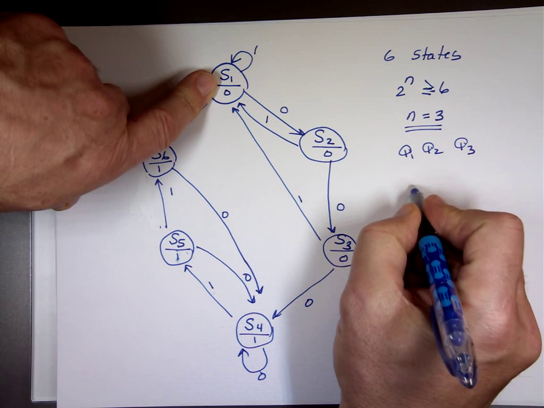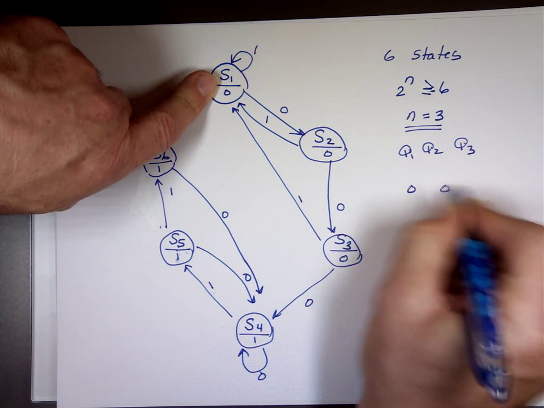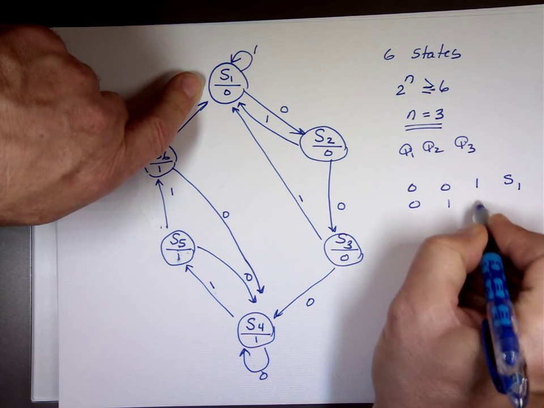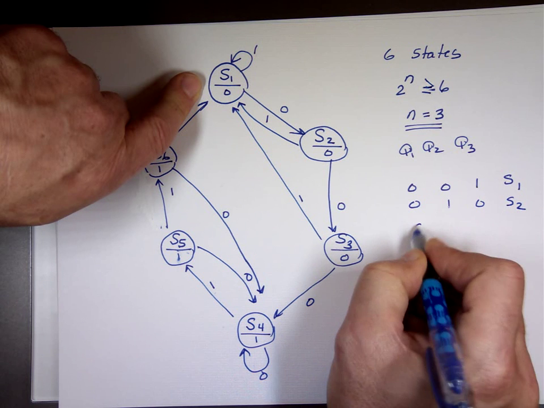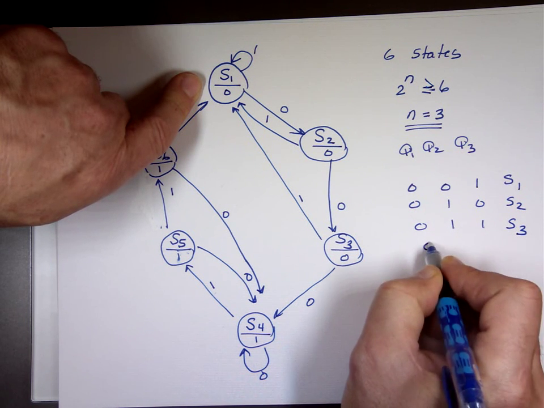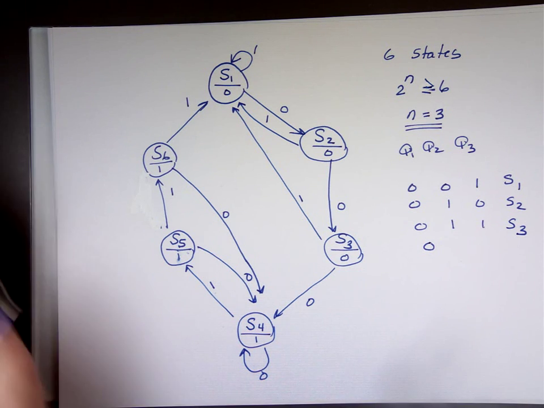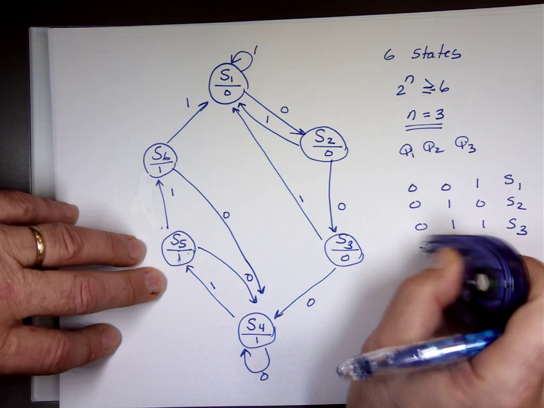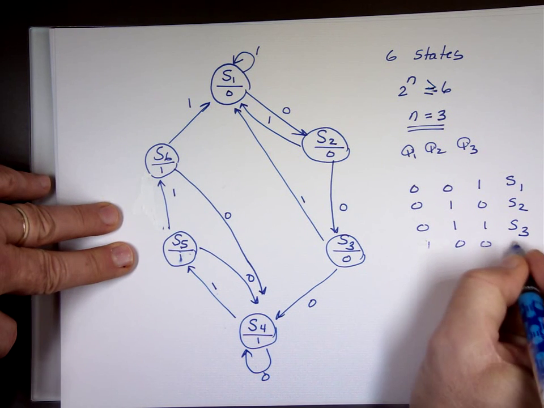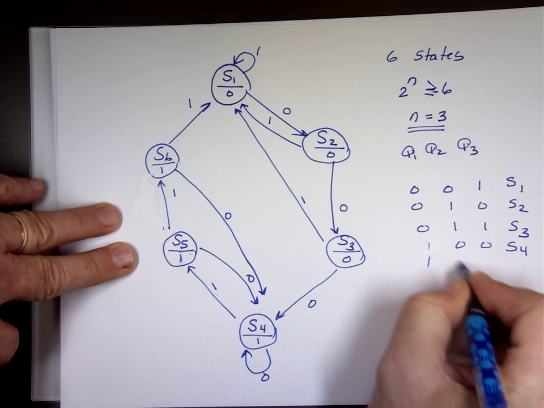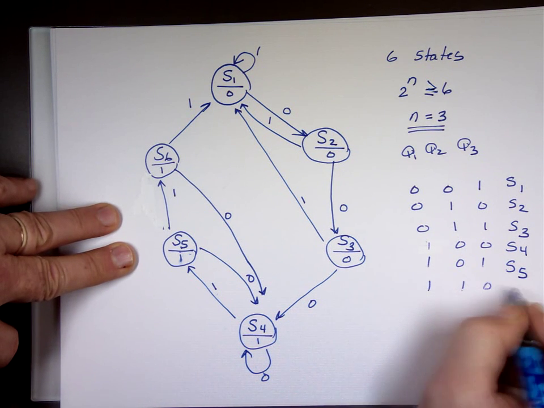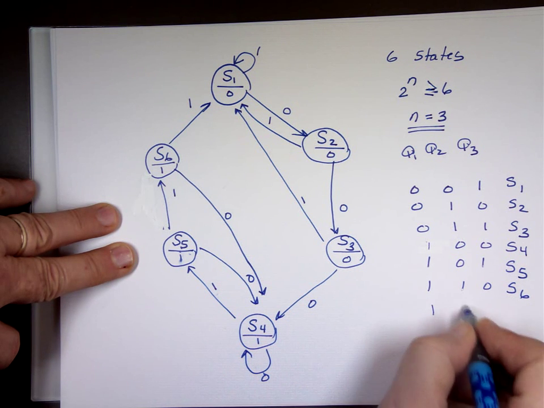So I can make state 1 0, 0, 1, that's S1. 0, 1, 0, that's S2. 0, 1, 1, that's S3. 1, 0, 0 is S4. 1, 0, 1 is S5. 1, 1, 0, S6. 1, 1, 1, that's 7.